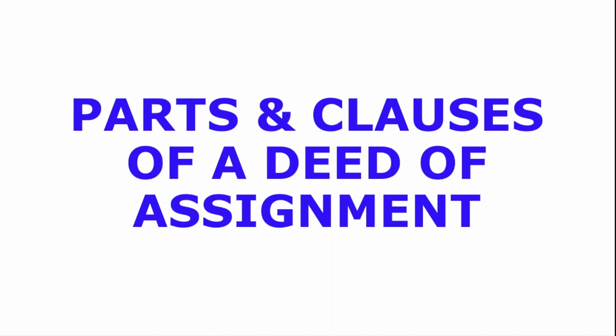You are going to say you have the introductory part, the operative part, the miscellaneous part, and the concluding part. Then because each of these parts has its various clauses, it then further asks you to list the clauses found under each of these parts. So that is what we're going to do now. We're going to list out the clauses found in each of the parts of a deed of assignment.